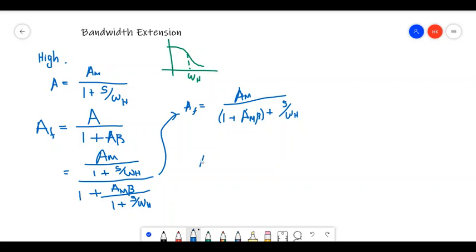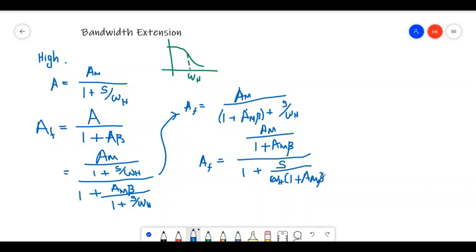Now I will get Af equal to Am over 1 plus Am beta, divided by 1 plus s over omega H times 1 plus Am beta.